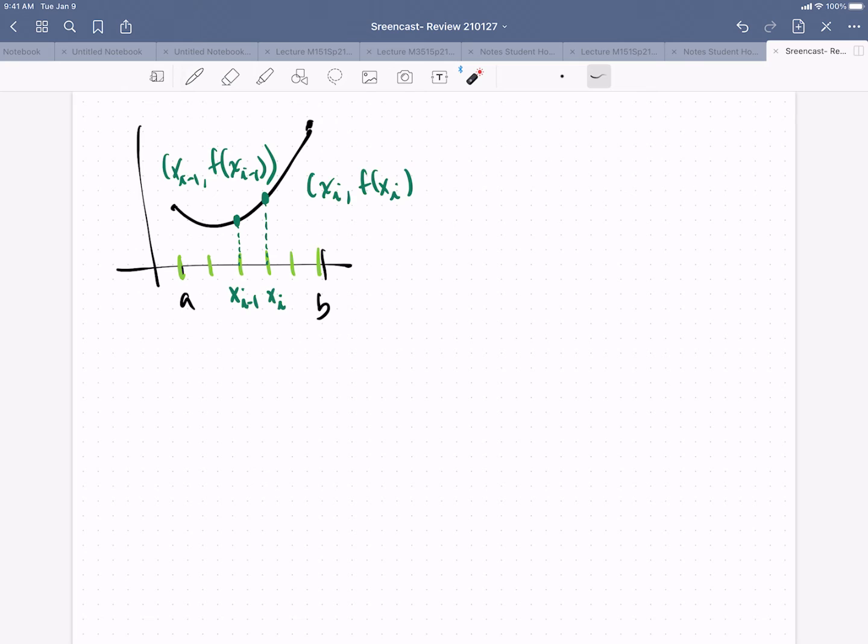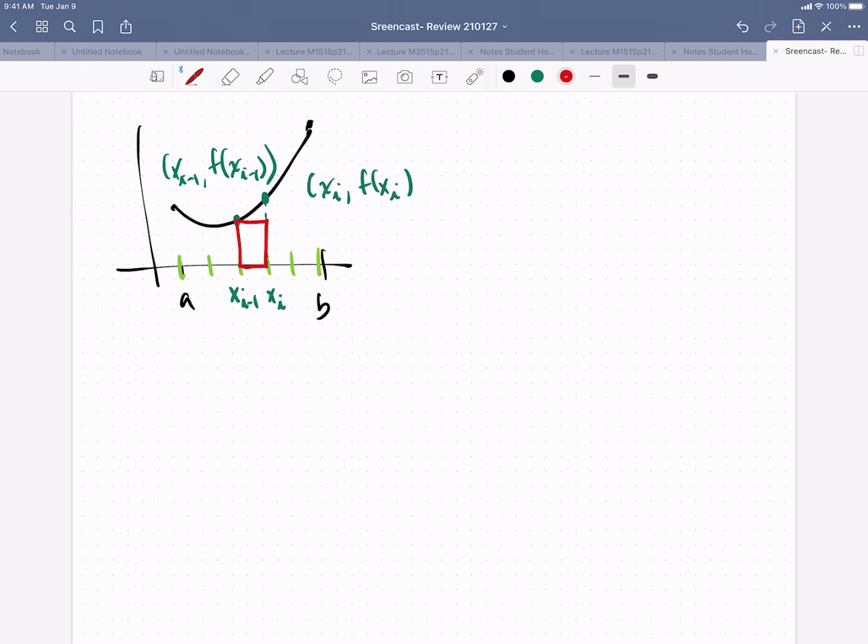The area under the graph equals the area of all these strips that we make over our partition. But we don't have a formula for the area of a strip like that. It's not something you see in high school geometry. What we do have are rectangles.